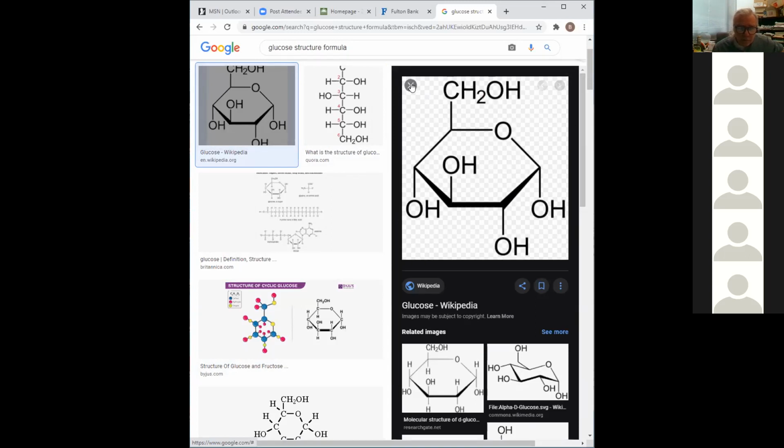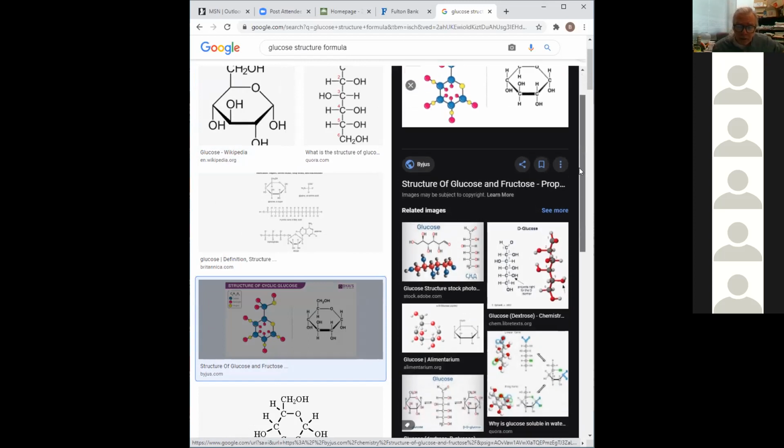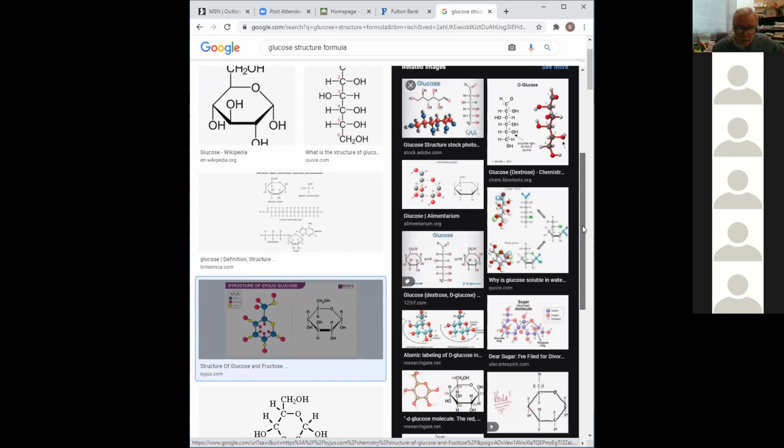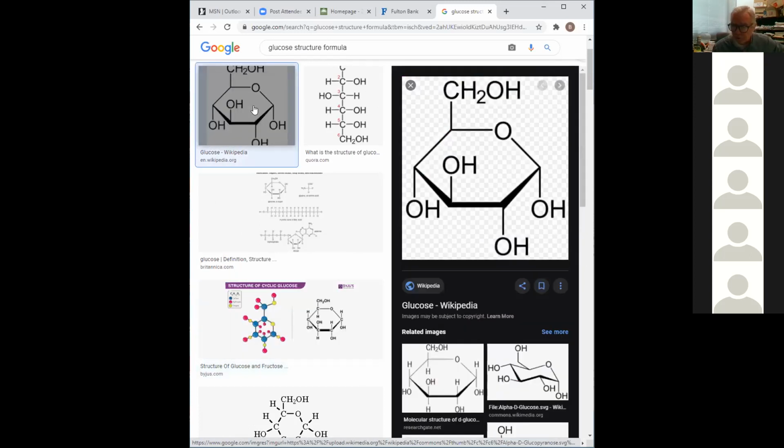You can draw it like this and put all the carbons, oxygens, and hydrogens in it, or you can do the shortcut, which is this, where you just draw angles, and every angle is a carbon, and just take it for granted that there's a carbon there, and there's a hydrogen dropping down here, and a hydrogen over here.